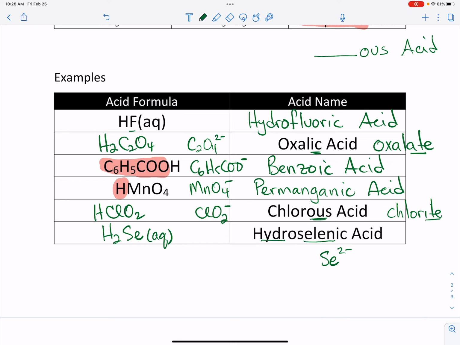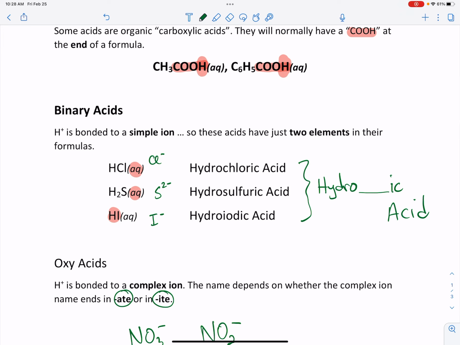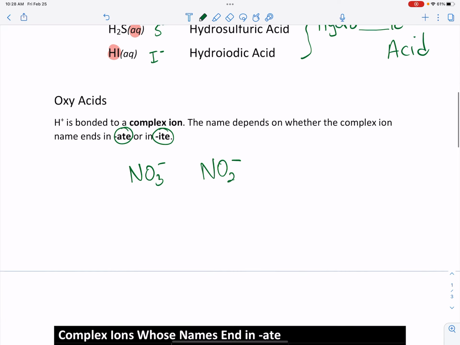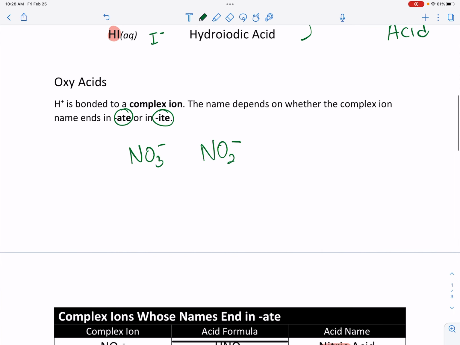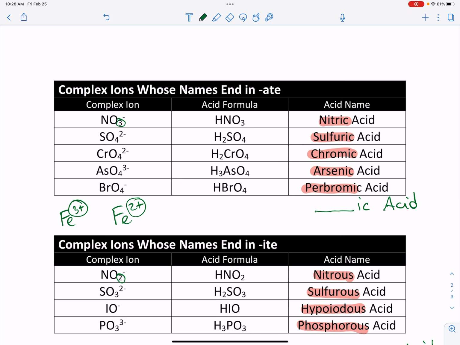So there you have it, acid nomenclature. We have binary acids, hydrogen with just one other element, a simple ion, and the names always have the form hydro something ic acid. And then we have oxyacids where complex ions are present. If the complex ion name ends in ate, then the acid name has ic in it.